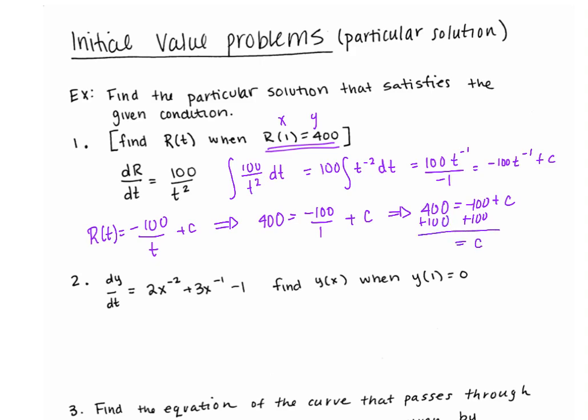So c equals 500. So my definite integral is r of t equals negative 100 over t plus 500. And that's my final answer. So now instead of having a c, I actually have a value for c.